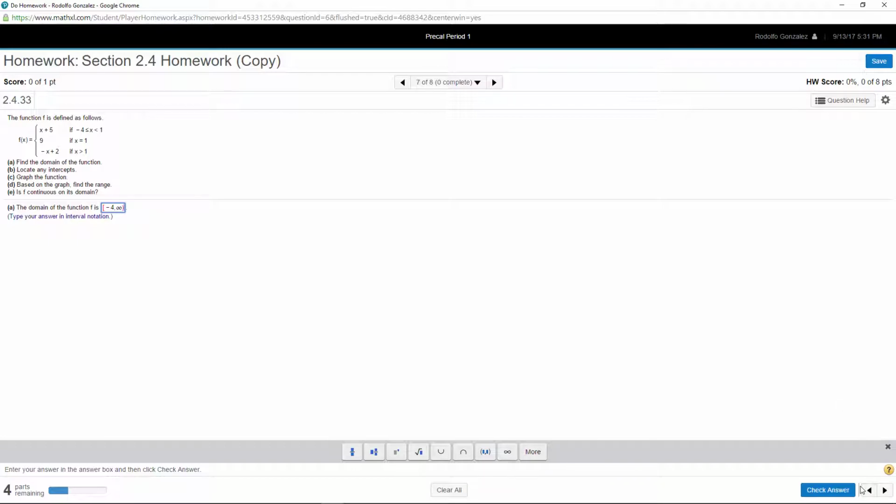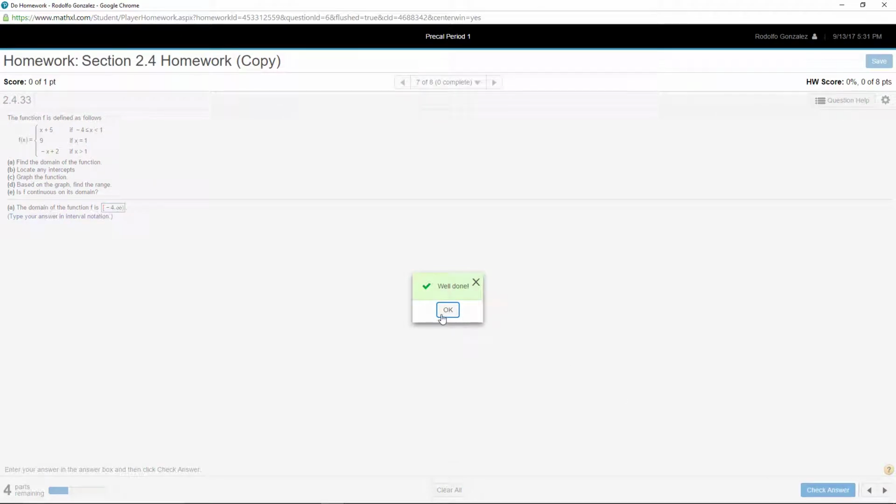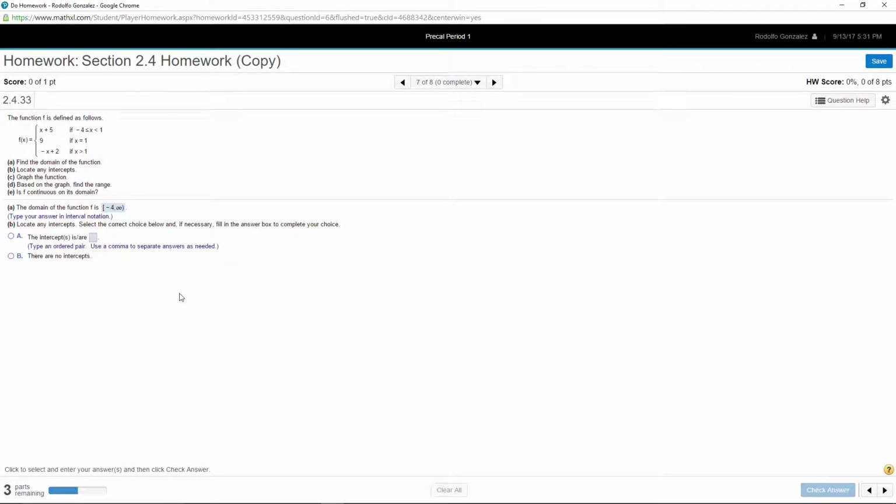Let's see if that's right. Well done. Yes, thank you. So that's your domain. You want to write it as interval notation. When they say interval notation, that always means like that, with the brackets and the parentheses.